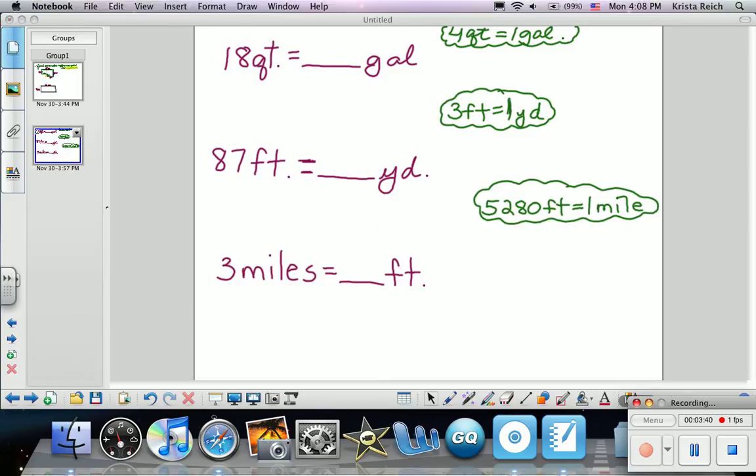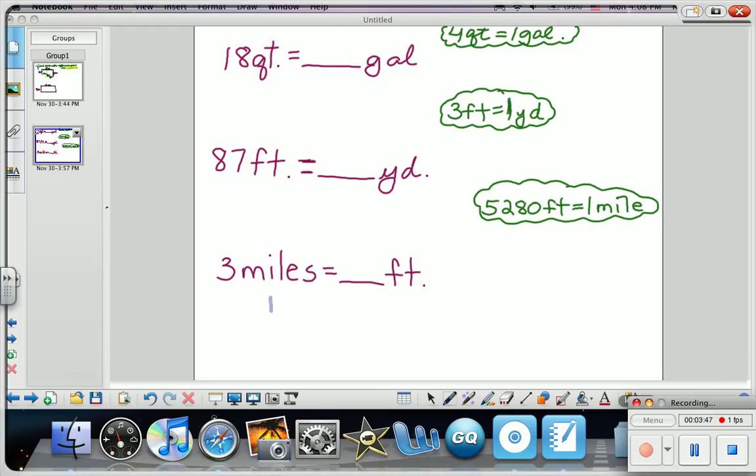My last one here, first things first, determine what operation you're going to use. We're going from miles, which is a big unit, into feet, which is the smaller unit. So we're going big to small. And when we go from big to small, we want to multiply. Okay? So if I look up here in green, my conversion factor is 5,280 feet are in 1 mile. So 5,280, 52 potatoes is my conversion factor.